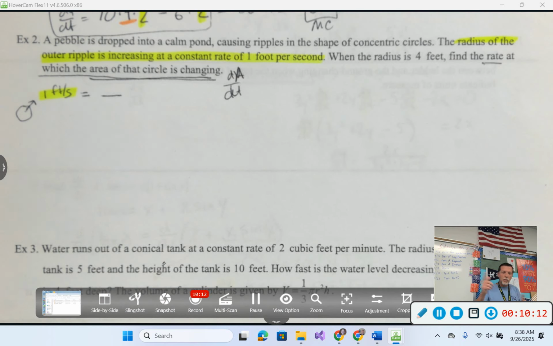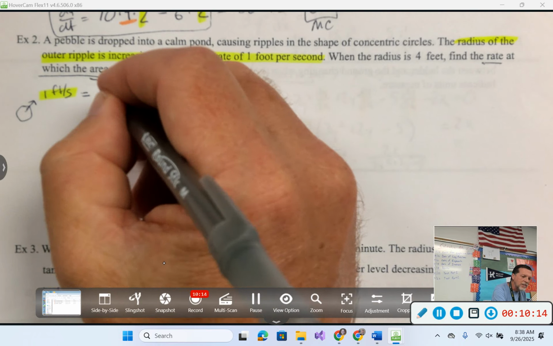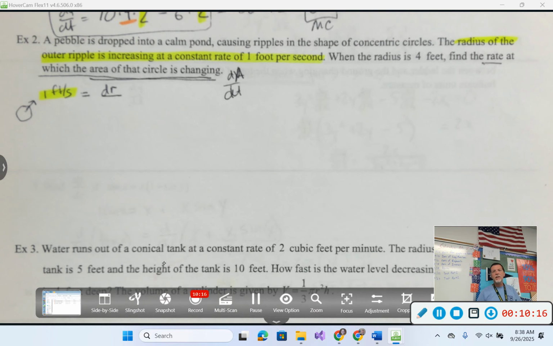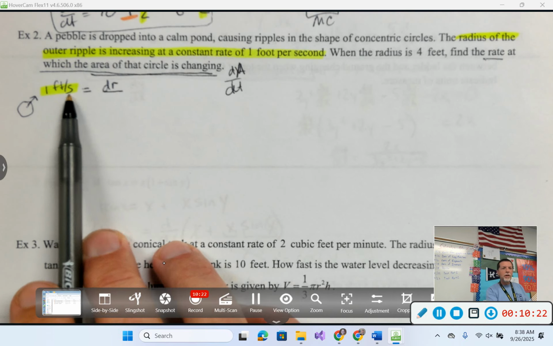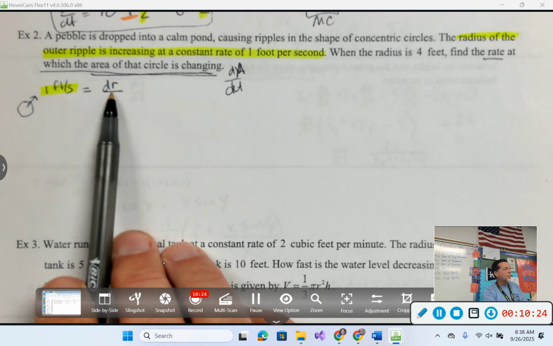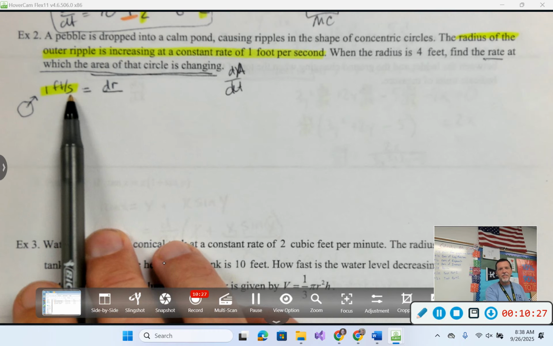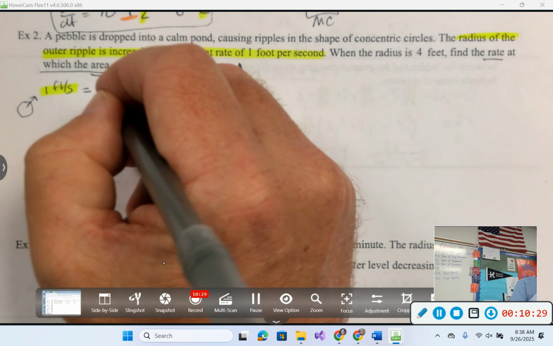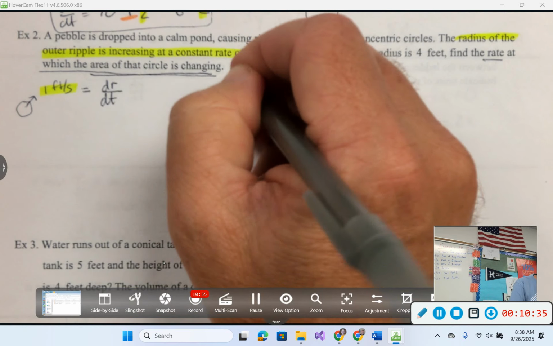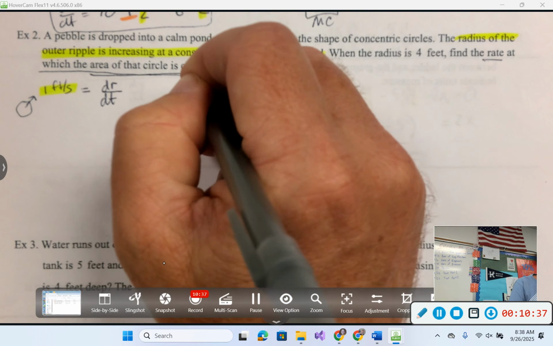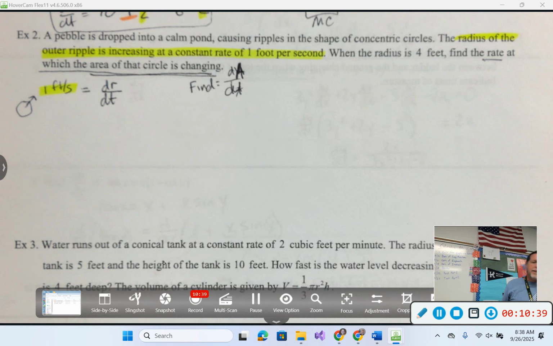The area and the radius, but that 1 foot per second is the radius changing. And what's the denominator? What's it changing with respect to? By the way, you can usually use units to figure some of this out. Like seconds is in the bottom. That sounds like a unit of time. So that's dr dt. And we're trying to find dA dt. How the area is changing.